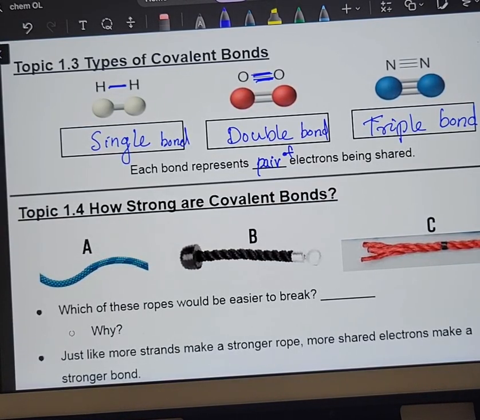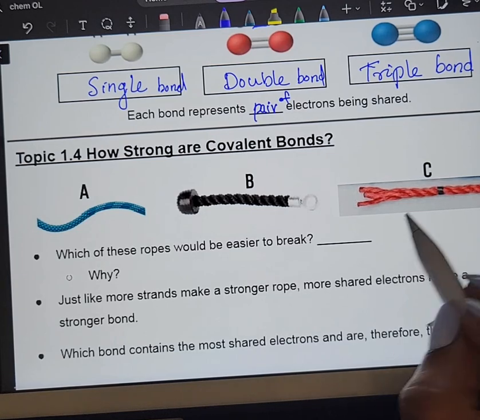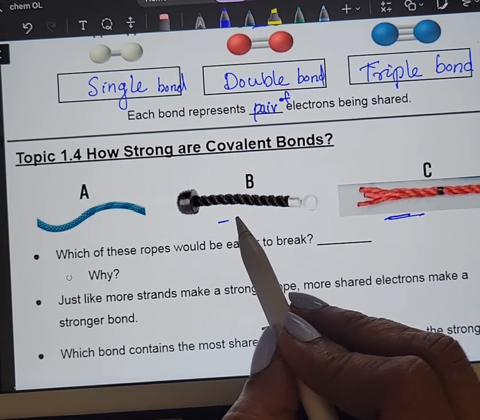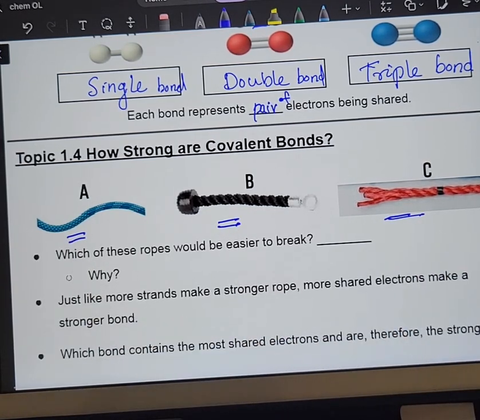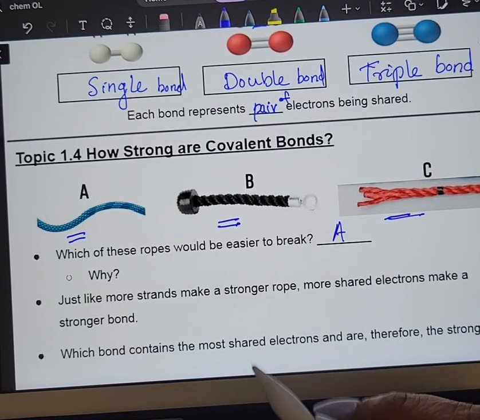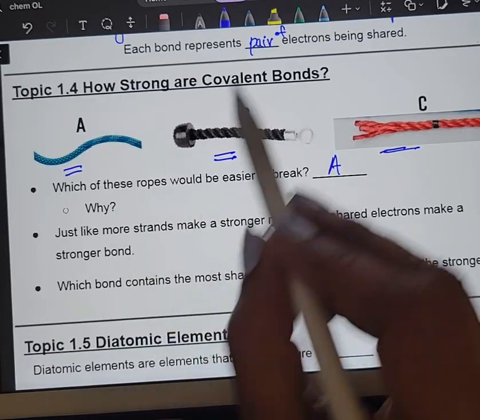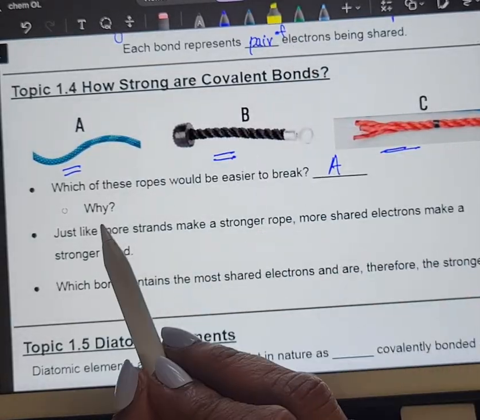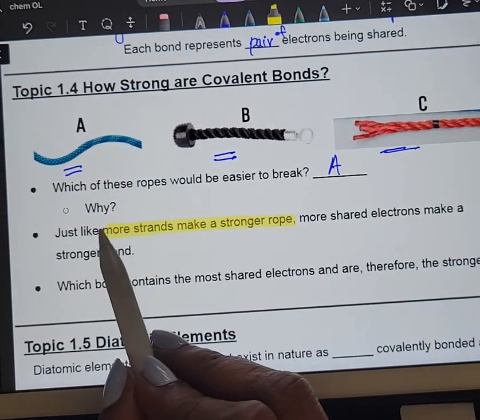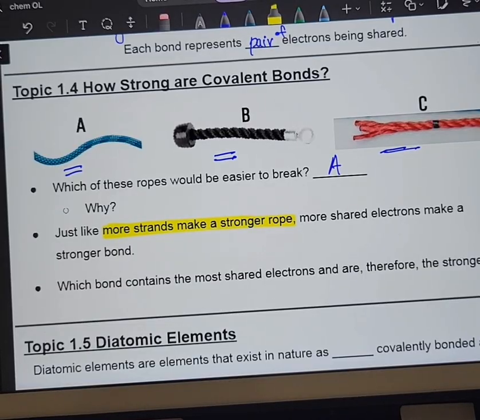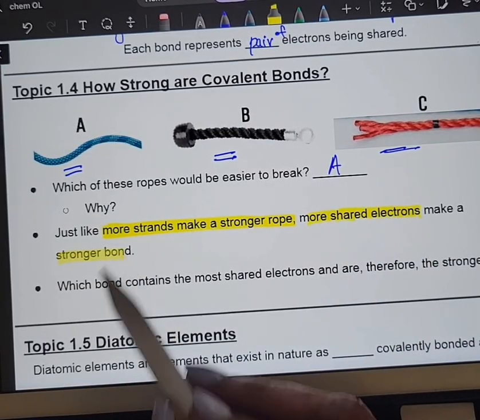Which will be the strongest bond? You can see this is a triple, this is double, this is single. Use the rope example: which will be easy to break? A will be easy to break because there is only one layer. If there are more strands, it will make a stronger rope. The same thing, more shared pairs of electrons will make a stronger bond.